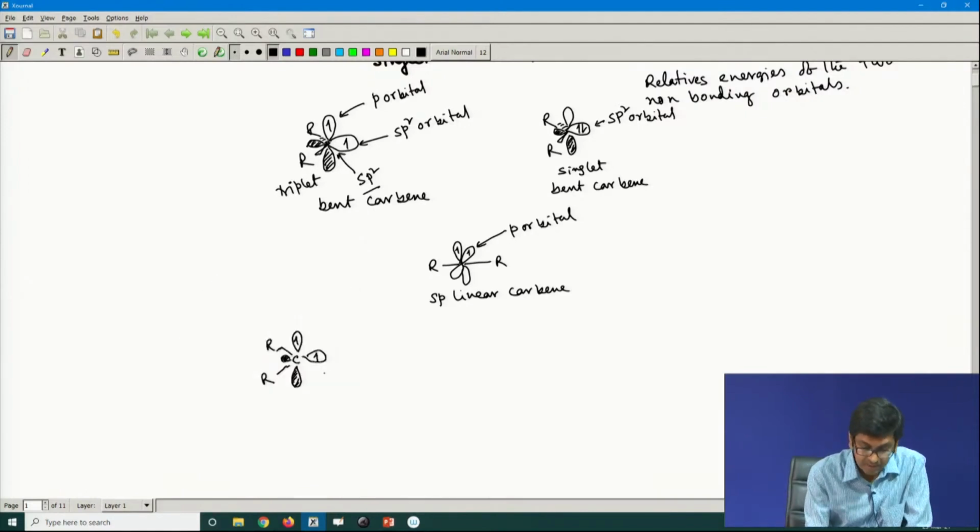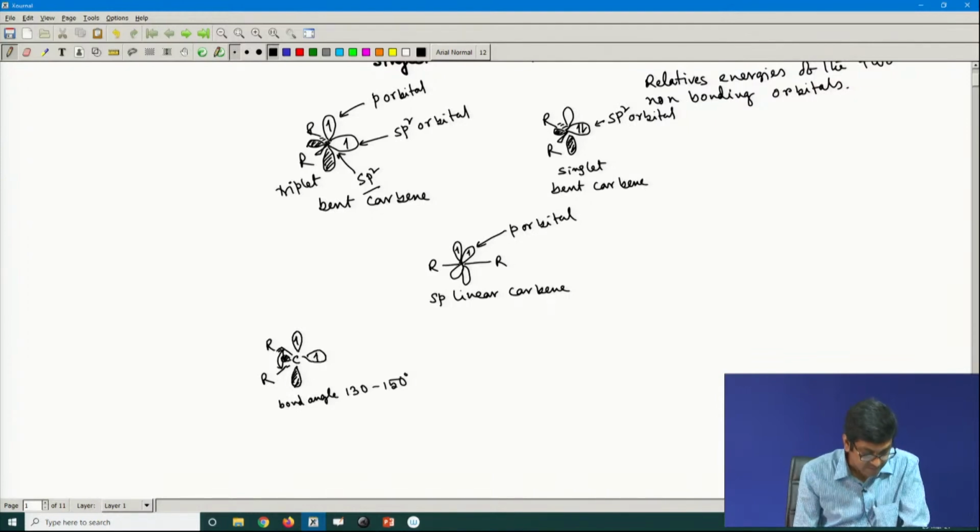So, for this triplet carbene, if you see this bond angle, the bond angle is around 130 to 150 degree.